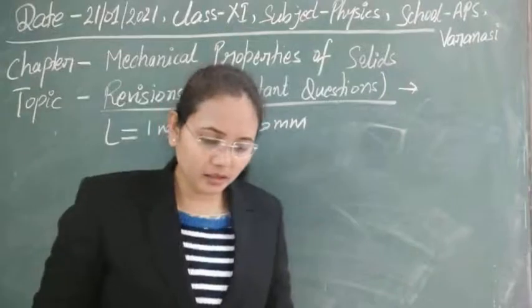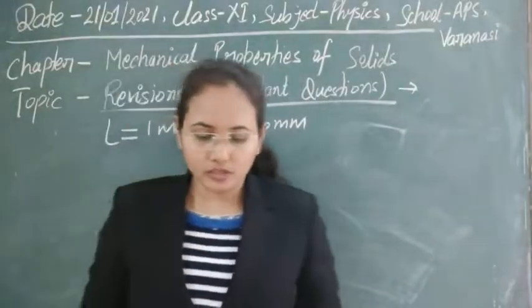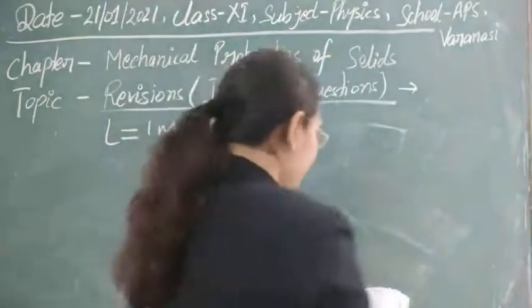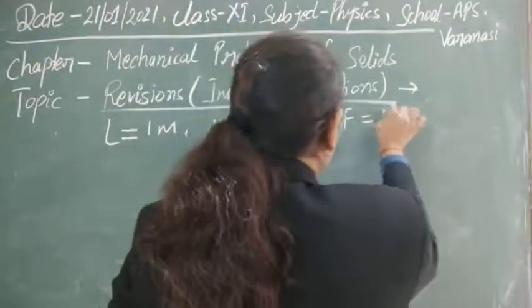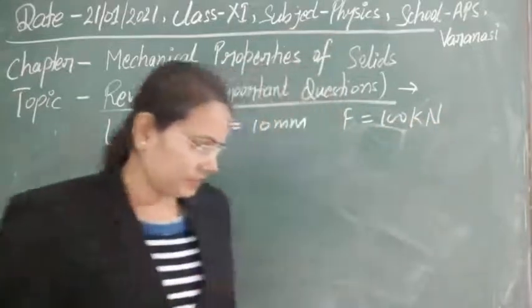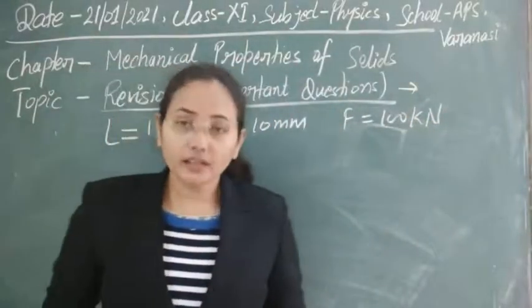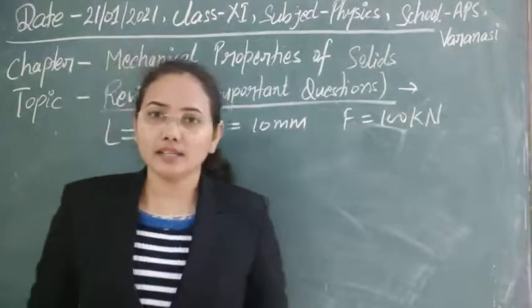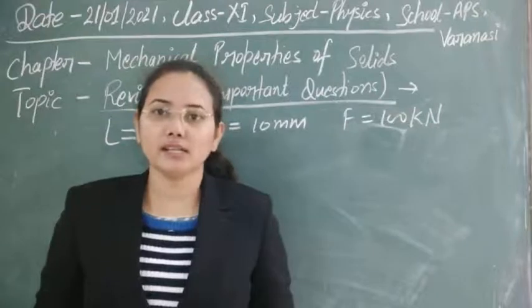Next, a 100 kilonewton force stretches it along its length. So here the force given to us is F is equal to 100 kilonewton. One more thing is given: this force stretches it along its length, so here we are talking about the change in length.